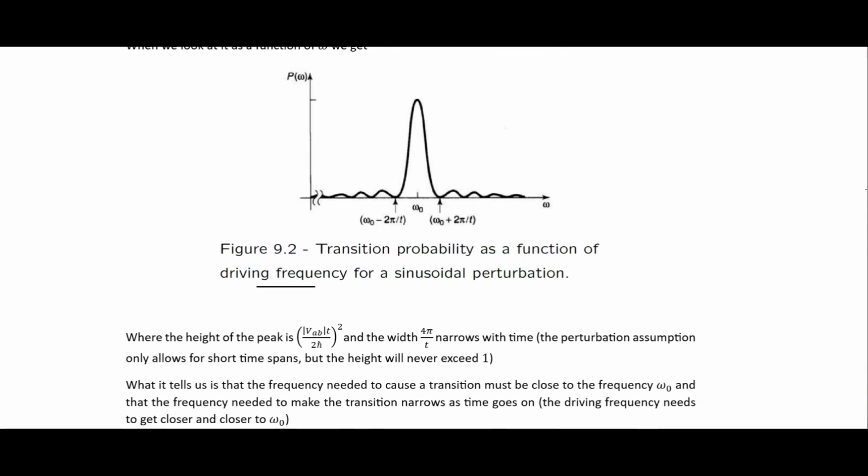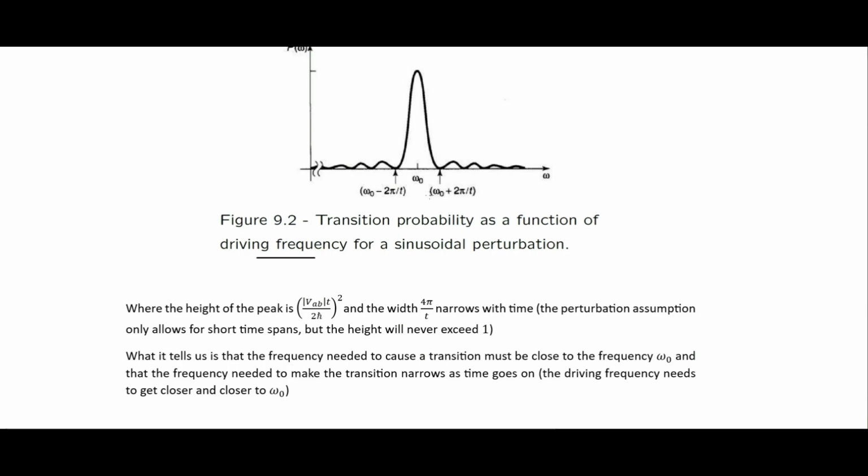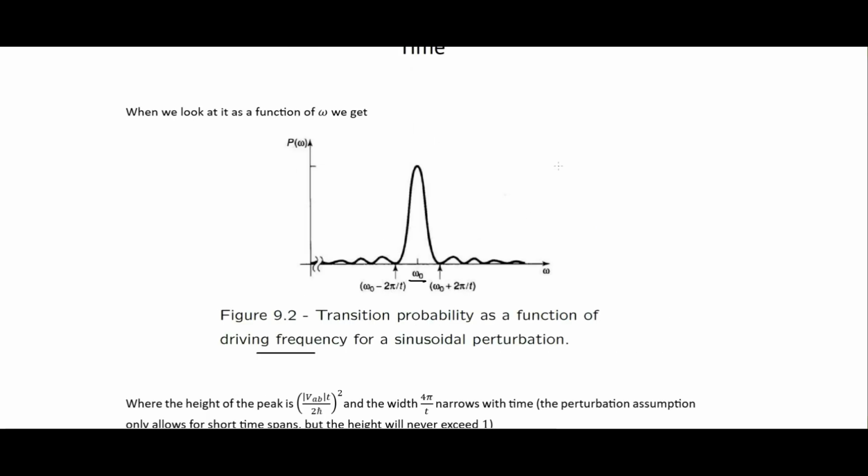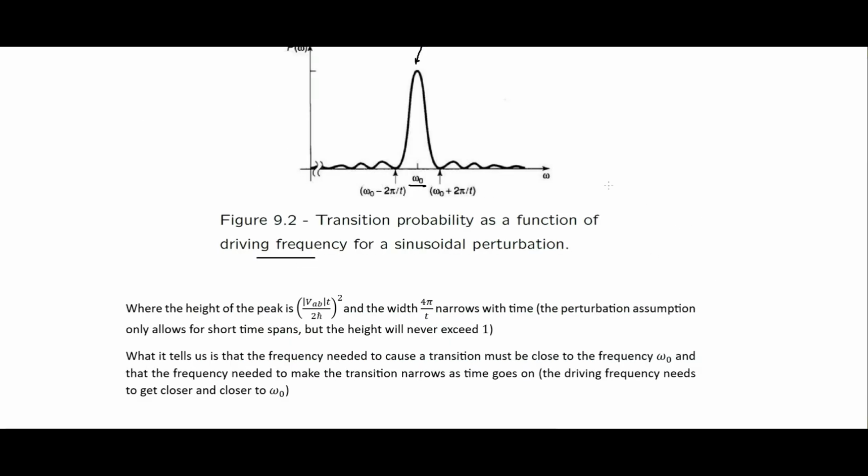And so what we see here is that this is sort of centered around this omega sub naught here, which is why we could make that assumption that the omegas are going to be close to omega sub naught, because the probability of a transition is dependent on the omega being close to this omega sub naught.